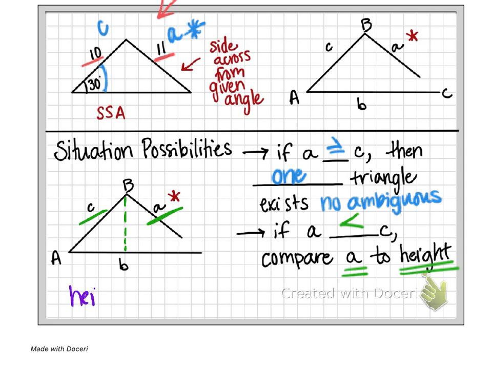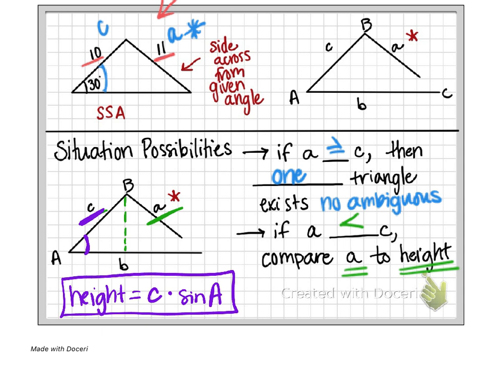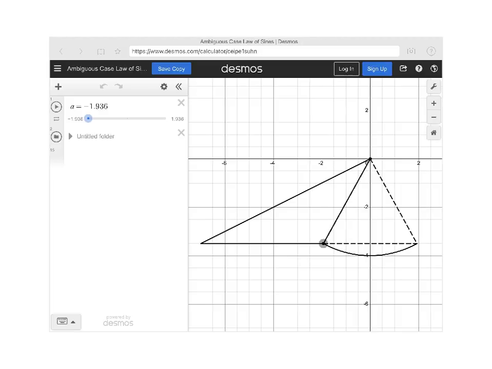Height equals C, this value, times the sine of angle A, whatever that might be. So this is something that you would put into your calculator, and you'd get a value for the height, and then you compare it to A.